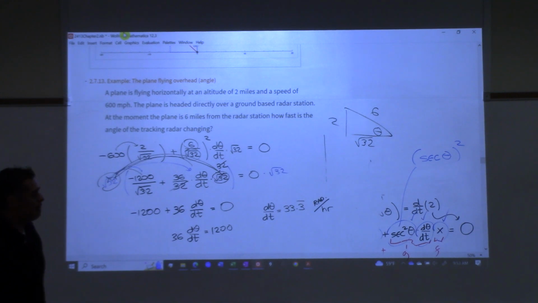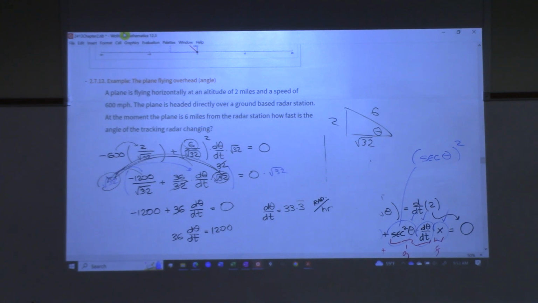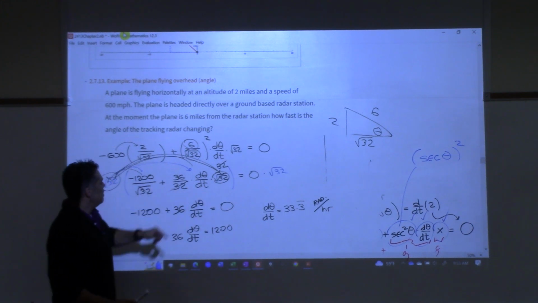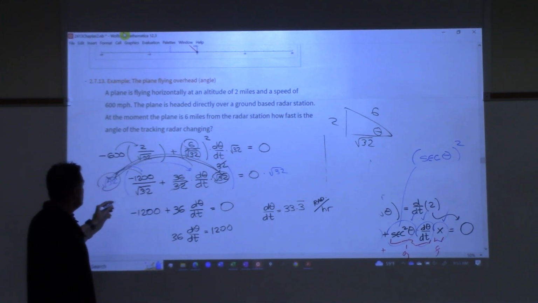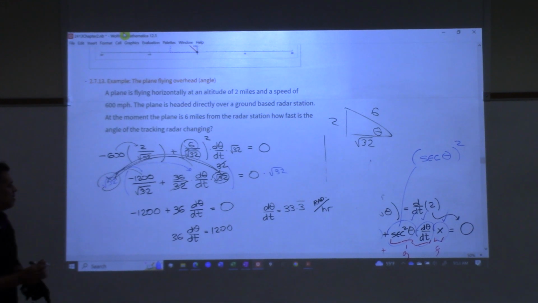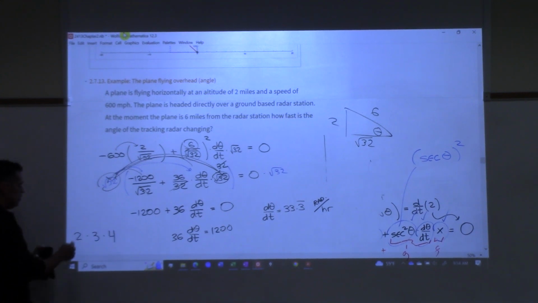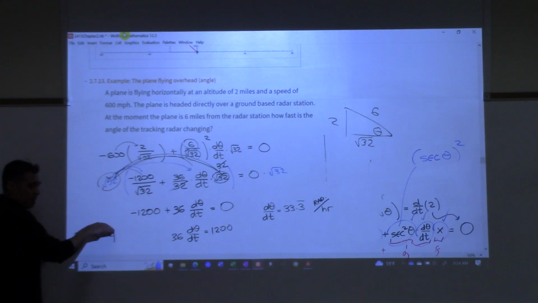Questions? Yes? When you distributed the square root of 32, do you just not distribute it to the d theta over dt, or how do you do that? Well, this is a real good question. Let me ask you a question before I answer this one. If I ask you to multiply 3 numbers together, 2 times 3 times 4, you don't do 2 times 3 and 2 times 4, right?